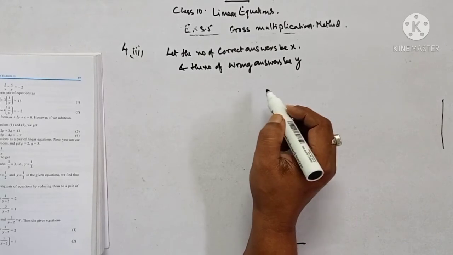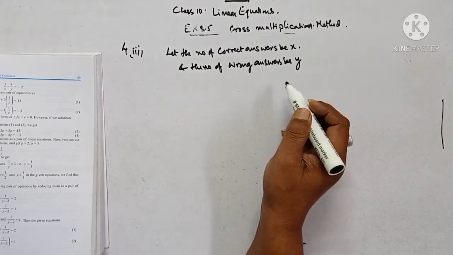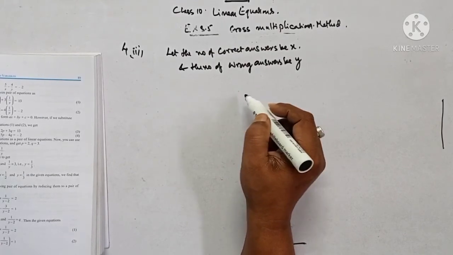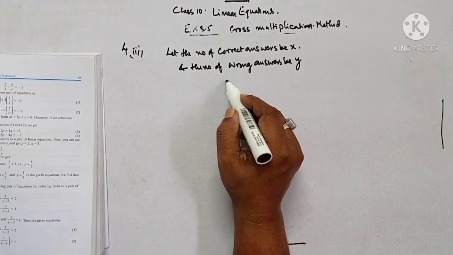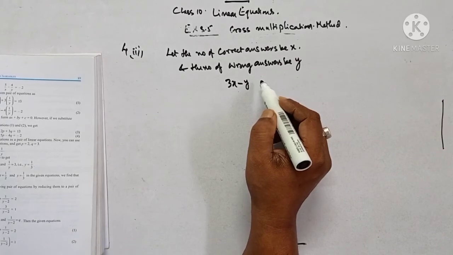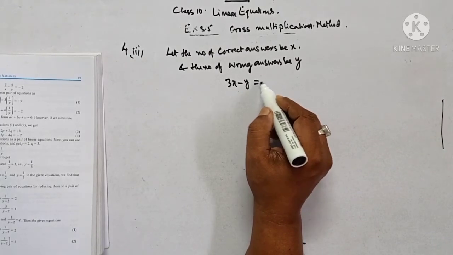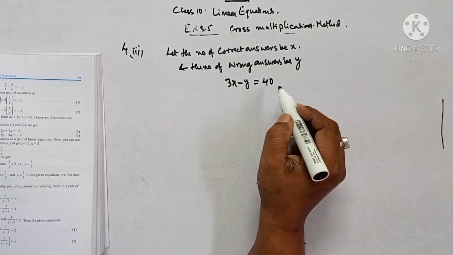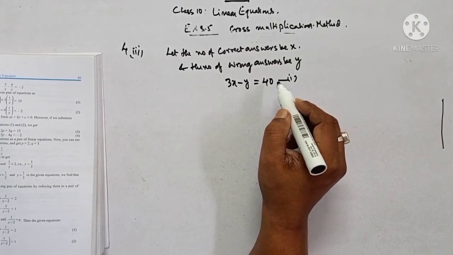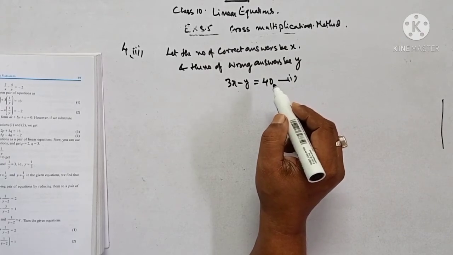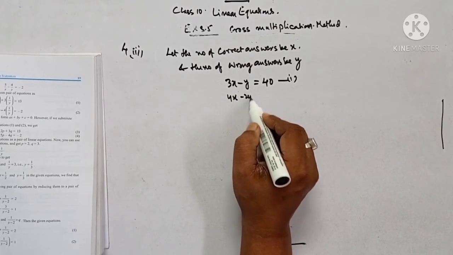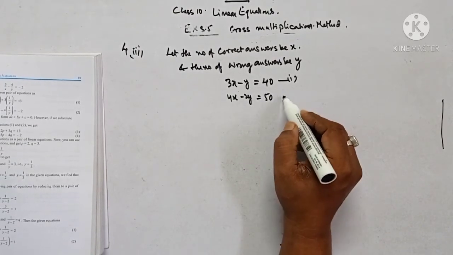So 3 marks for each correct answer and minus 1 for each wrong answer: 3x minus y is equal to 40. Yashoda got 40 marks, so this is her equation. And if 4 marks were awarded for each correct answer, then in the second case it will be 4x minus 2y, equal to 50. This is the second equation.